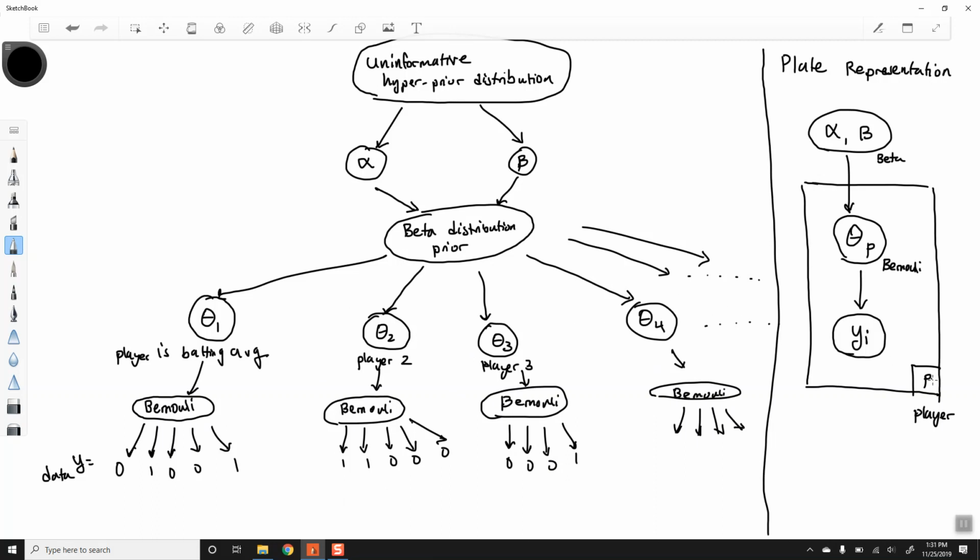You put a little subscript p in the corner to say each player gets its own theta sub p, and each of those theta sub p's generates y sub i's. If you read papers where they've done Bayesian statistics, you might see this plate representation diagram. Some of them get really complex.